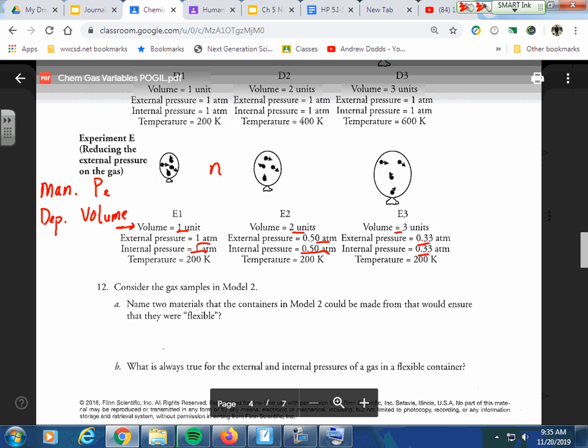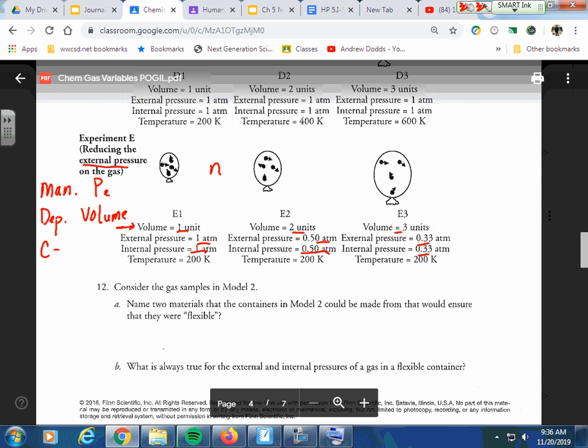So would it have been wrong of us to say that the manipulated variable could also be internal pressure? Right, but in a flexible container, if we reduce the external pressure, don't we also reduce the internal pressure? So that's going to make, this time, our controlled variables a little more difficult.